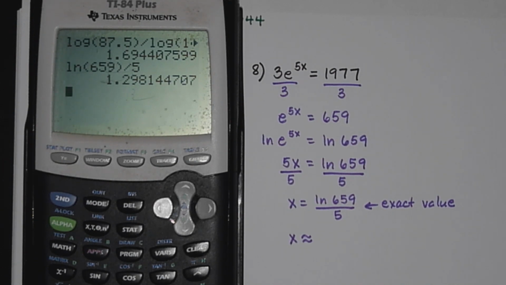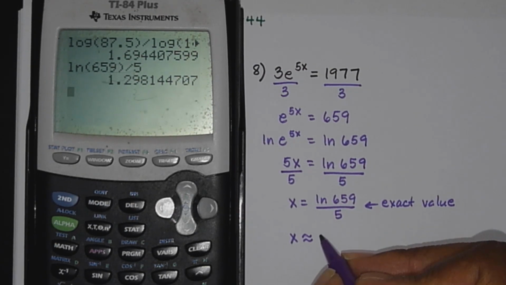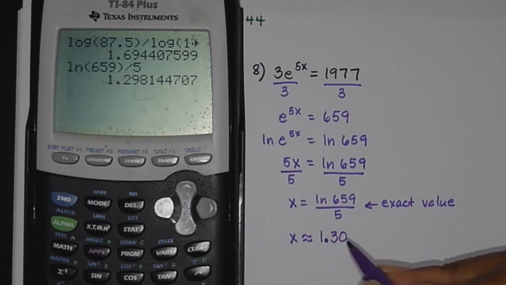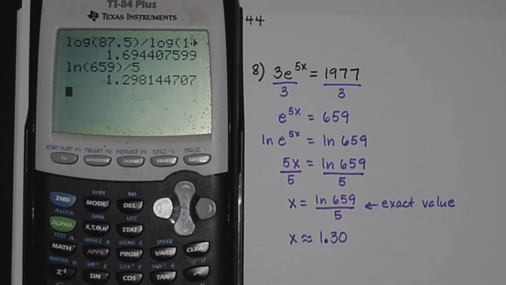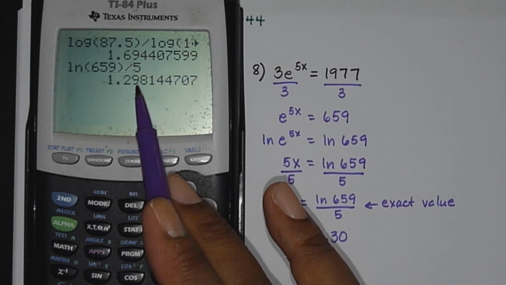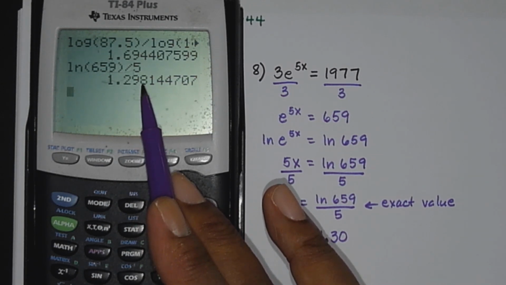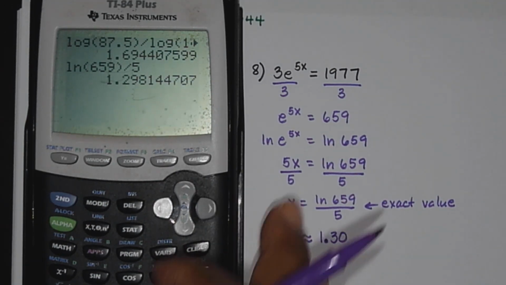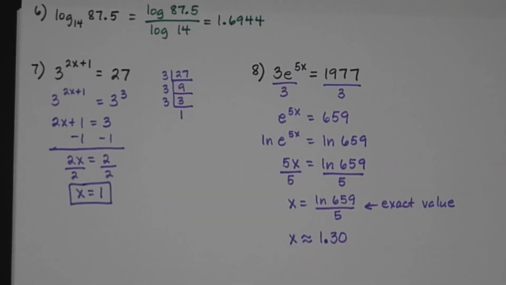Now, what would this value be to 2 decimal places? 1.30, because here, the second number after the decimal point is a 9, and to the right of it is 8. That's bigger than 5, so 29 will go up to 30. So it'll be 1.30 for the approximate value of x. Are there any questions about problem number 8?